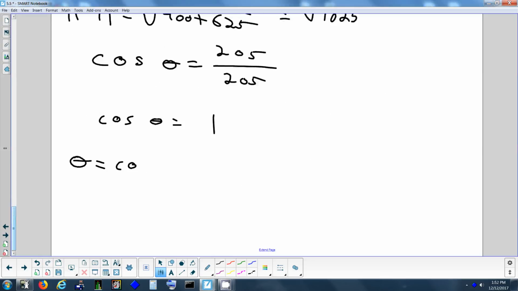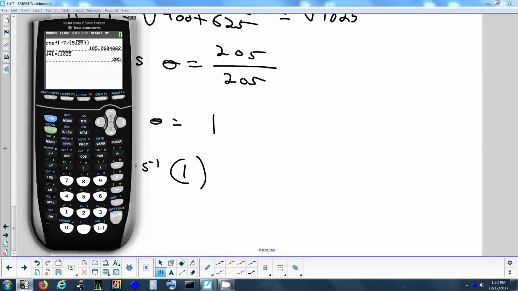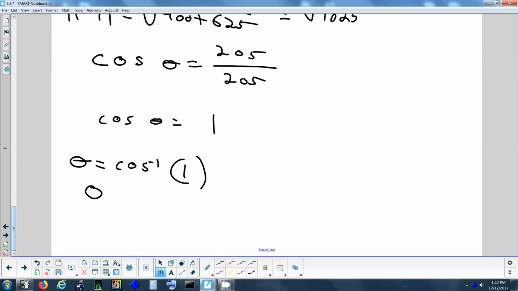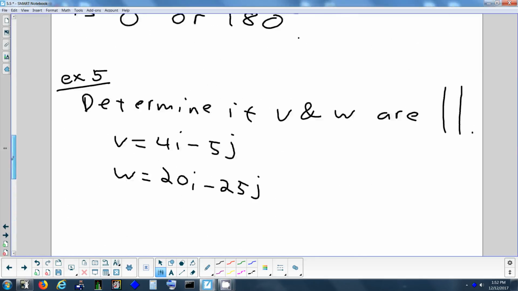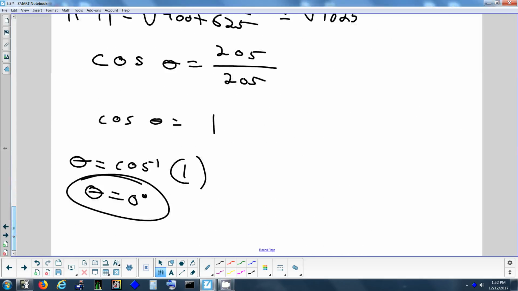If you take the inverse cosine of 1, watch what you get. Inverse cosine of 1 is 0. And we said if you get an angle of 0, it's parallel. So was the question, are they parallel? Yes. They are parallel.